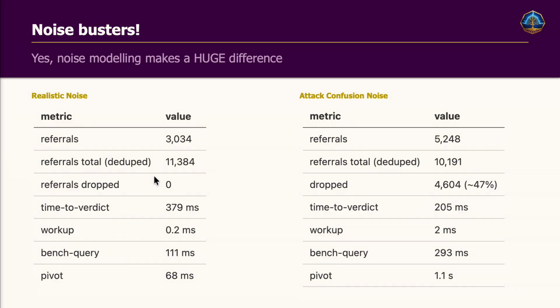We also saw that the time to verdict, which is important especially if you think about doing this with AI, meaning looking at all the evidence and figuring out whether it was relevant or not, is still in the 200 millisecond range, even under extreme confusion noise. So we start losing signal and dropping throughput, but for those that are not dropped, we're still in the millisecond range.